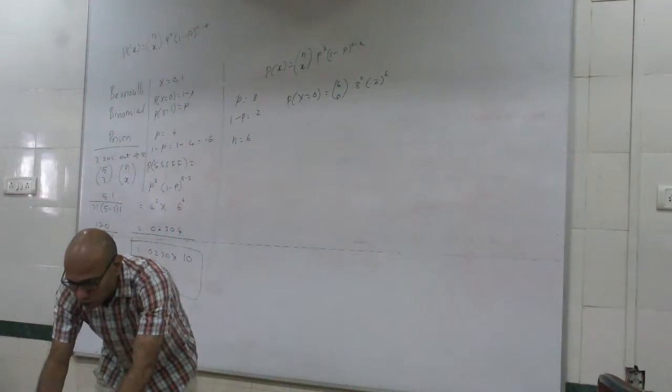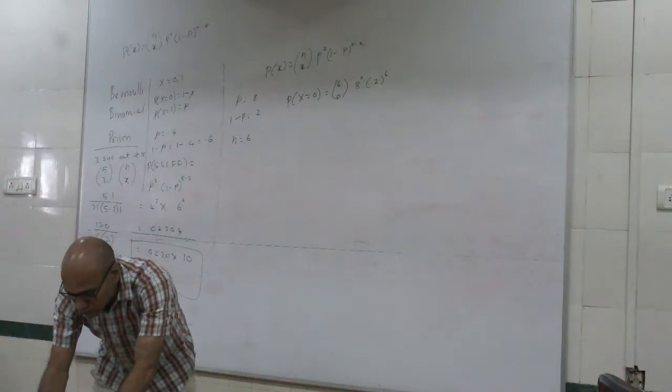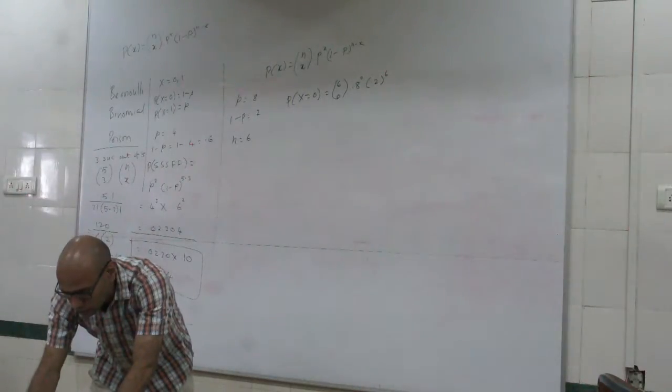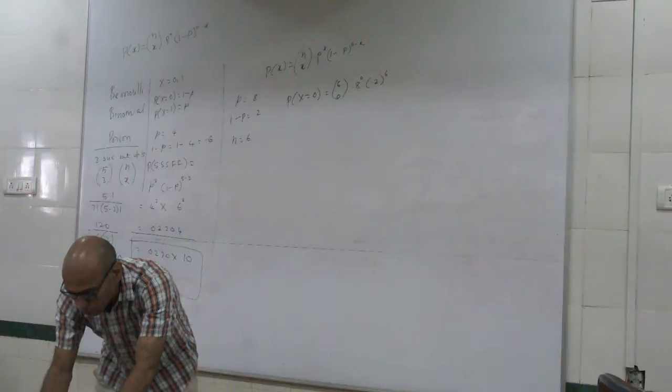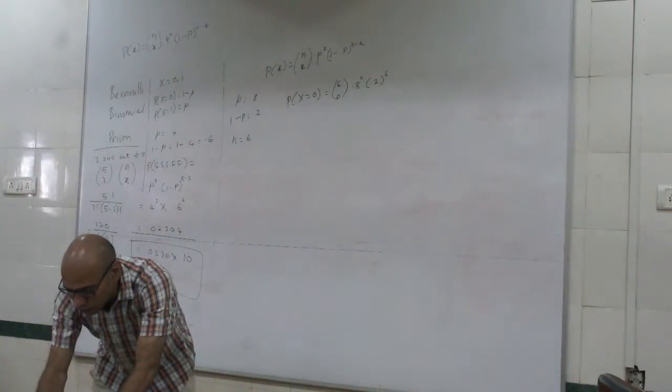X is equal to 0, size is equal to 6, probability is 0.8, right? Yes.